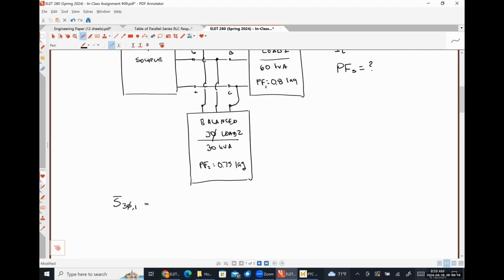How did we do this 2 weeks ago? So the inverse cosine of the power factor is going to give us the angle of our complex power. Okay, so how do we get the apparent power?